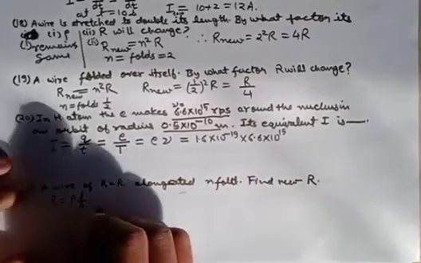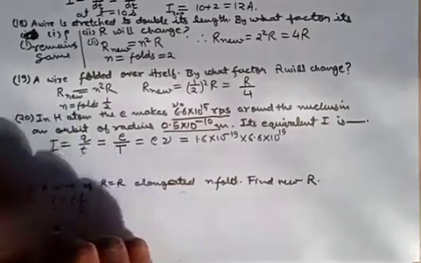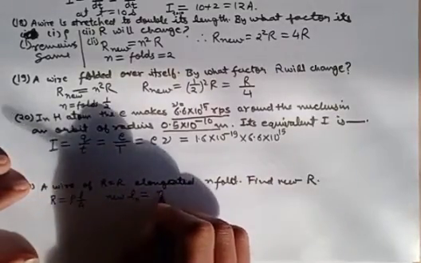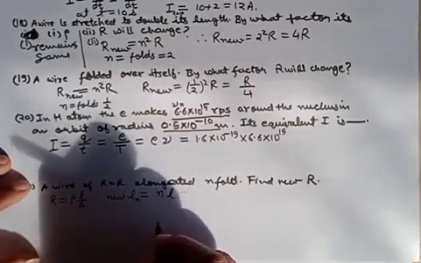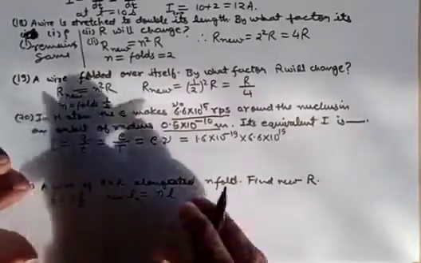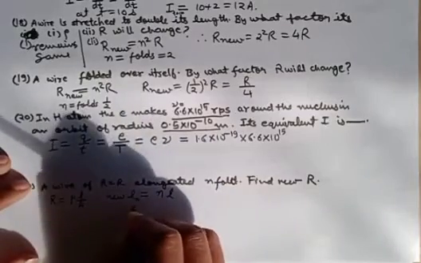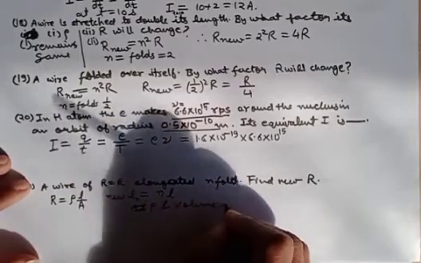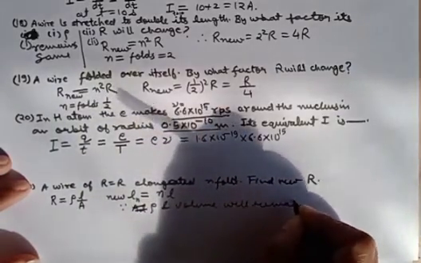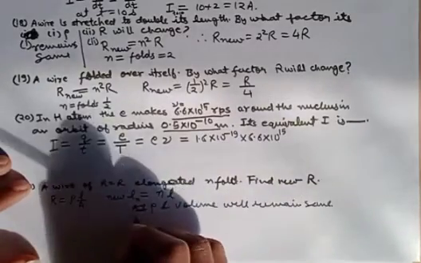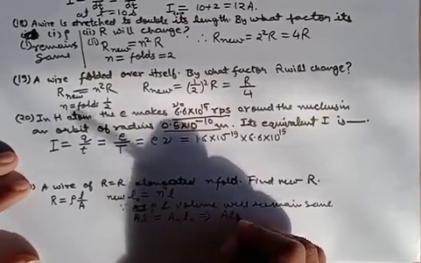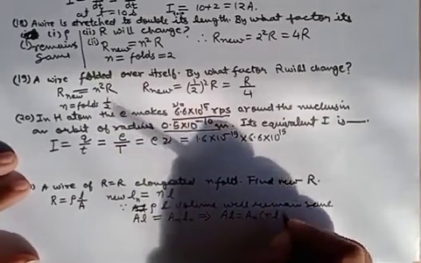Now what is happening: the new length Ln is equal to n times L. It is stretched now, so its area will be contracted. Since the volume will remain the same, A L is equal to An Ln, which is A L equal to An times n L, that is An equal to A by n.